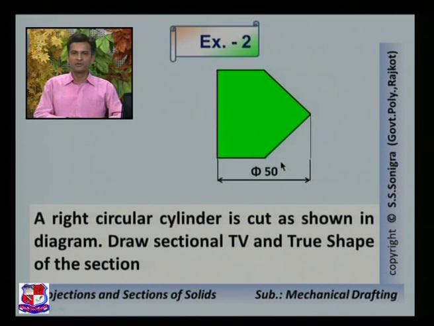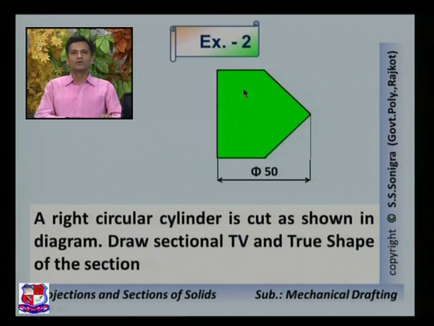So if this angle is 45 degrees, this is the axis, so this distance is 25, this distance would obviously be 25, and this height also would be 25. So the total height would be 25 plus 25, 50 millimeter, and the width would be 50 millimeter. Only from this figure we have to assume this data.